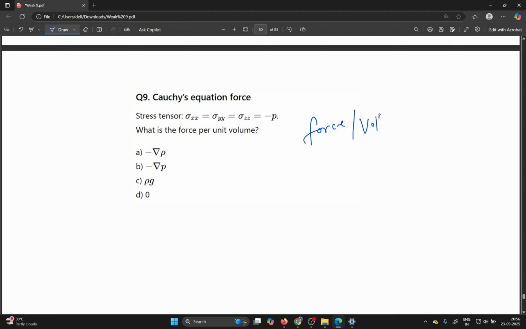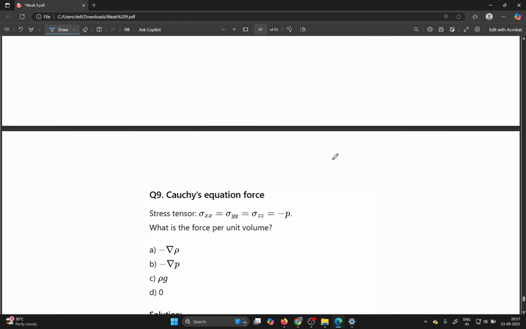All the normal stress values are similar, equal to minus p. So how will you think? This is a little bit advanced, so let me just show you the answer.